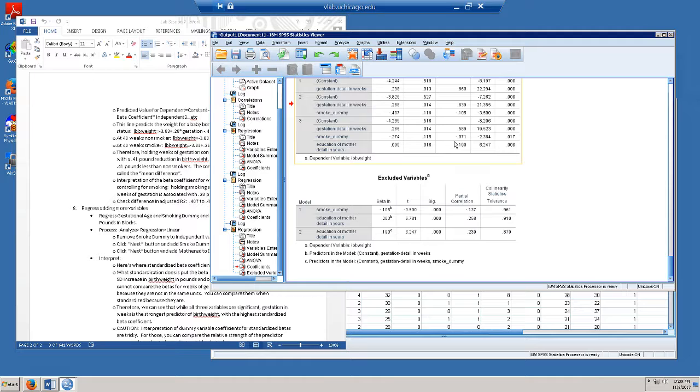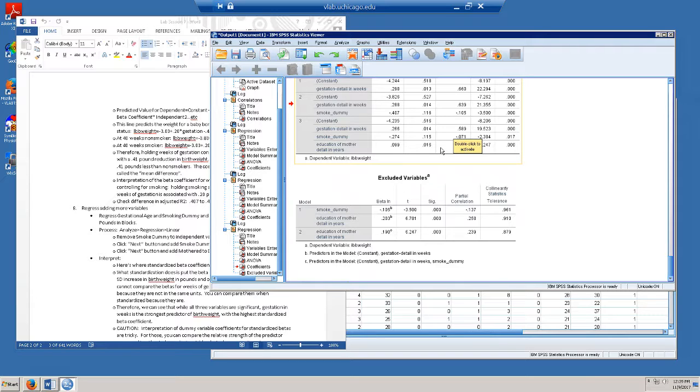Because if you compare the 0.59 to the negative 0.74, that's not an accurate comparison. If you compare the standardized coefficient for gestation to the unstandardized coefficient for smoking, no, that doesn't work either.